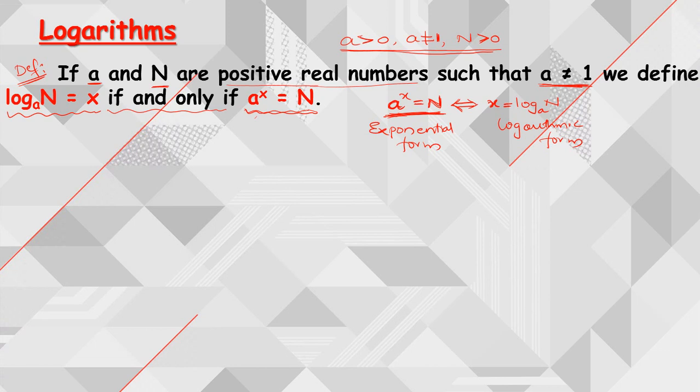This is the definition and these conditions are very important. These conditions are always valid. If you violate these conditions, then our logarithmic definition is useless. Without these conditions, we cannot talk about logarithmic form.